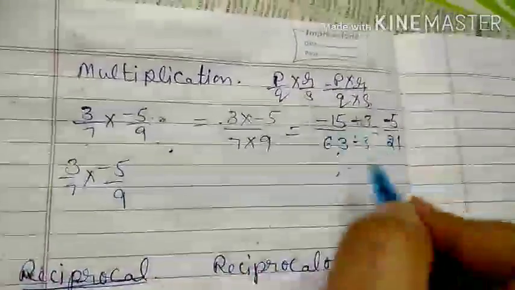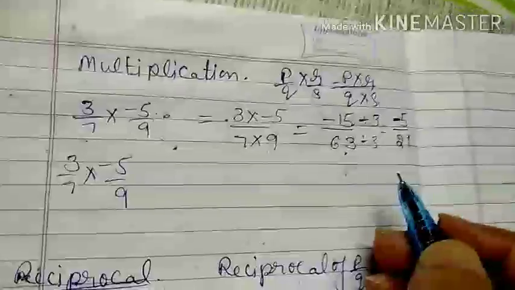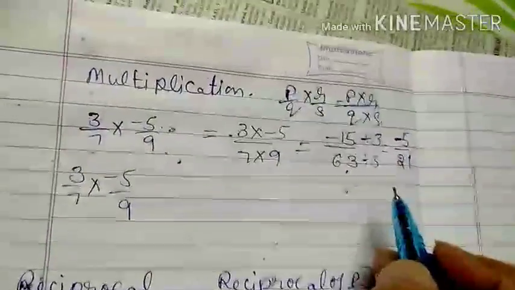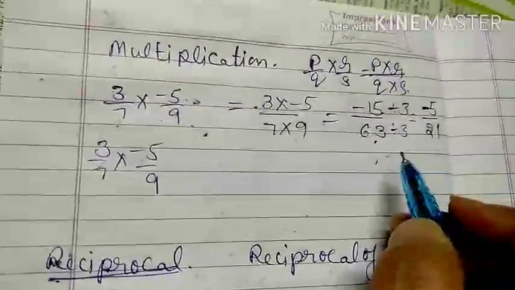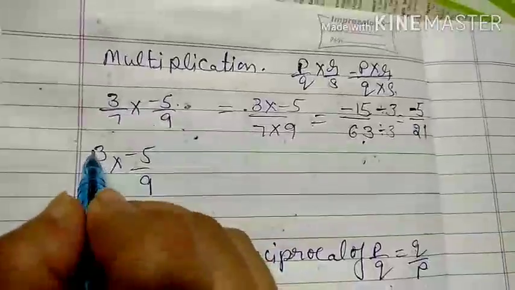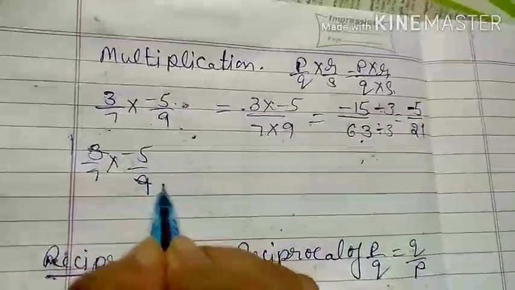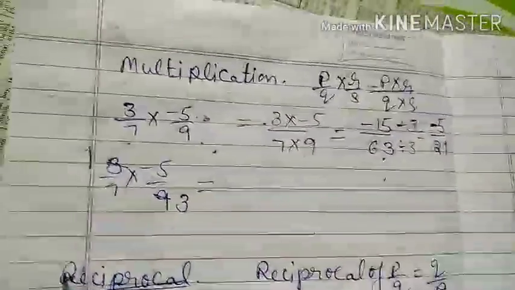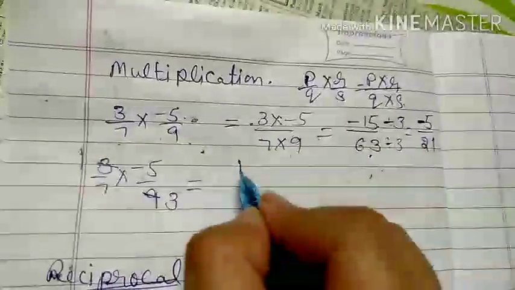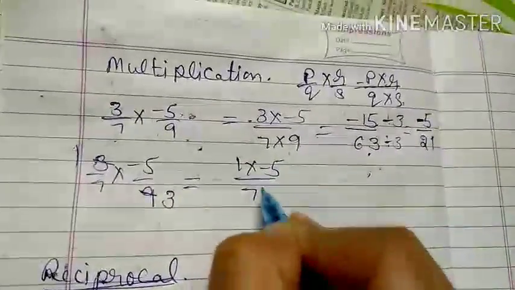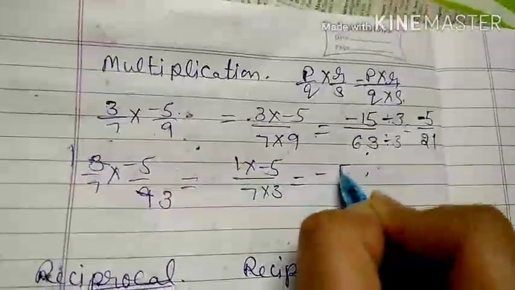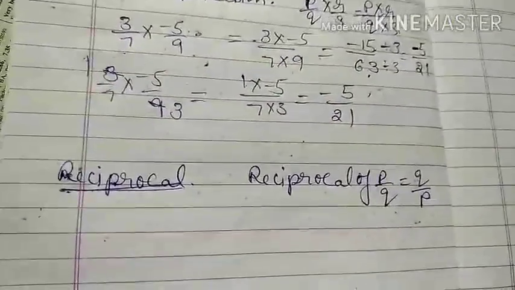Instead of finding the HCF later and dividing each numerator and denominator by the HCF to convert into standard form, if I just cancel, 3 ones are 3, 3 threes are 9, then 1 into minus 5 and 7 into 3. Again we get the lowest form here by cancellation.